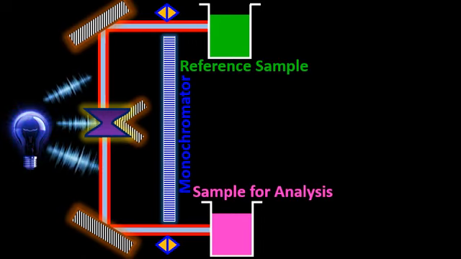Student, please keep in mind that the reference sample used in the IR spectroscope is usually known, so its absorption wavelength and its transmittance wavelength are usually known. Whereas for the sample under analysis, we don't know its absorption and transmittance wavelength.